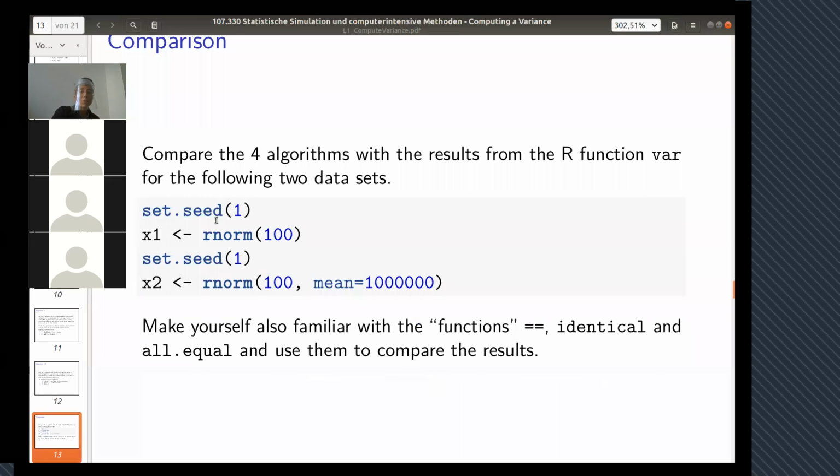You will first look into a simple vector with mean 0 and deviation 1, and then one which is shifted to having its mean at 1 million. In all your exercises, I just wrote set seed 1.